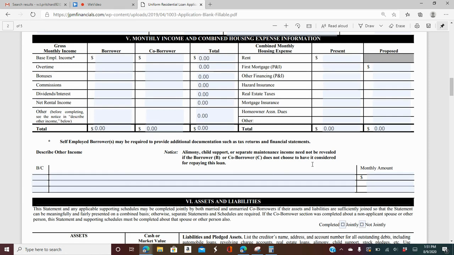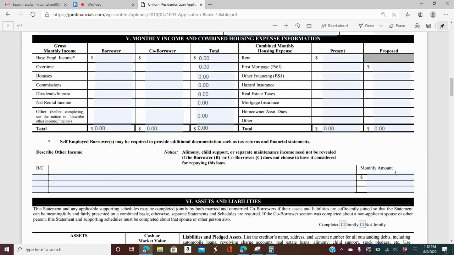All of those things are normally listed down here under monthly amount, because it's not really base employment income, right? These people are retired or they're receiving child support, alimony, etc. So that's listed down here. In this section right here, it'll say alimony, and however much that is monthly will go here.